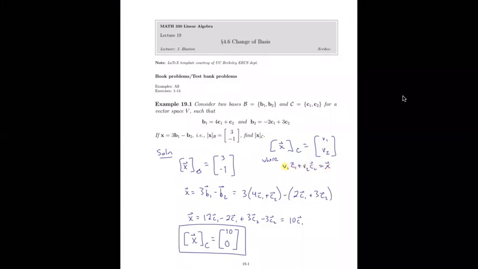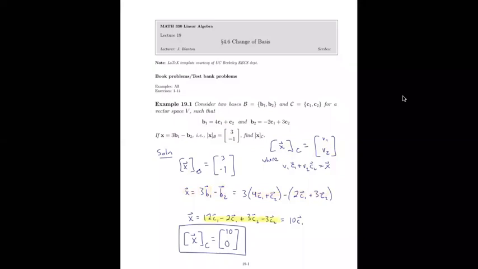And this really just turns out to be a straightforward substitution, right? We have this as our given B coordinate vector for x, or x in terms of B coordinates. So if we write it down in its algebraic or its linear combination form, 3B1 minus B2, then we substitute for B1 here and then B2 here, combine like terms, and we'll have an expression in terms of C1 and C2.